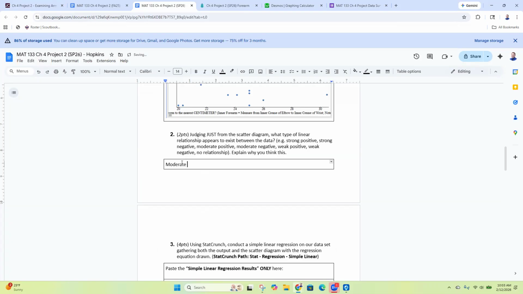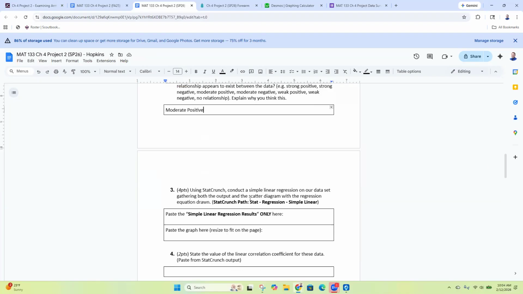Taller people have longer arms, so shorter people have shorter arms. So I definitely think it's positive. I definitely don't think that short people have monkey arms and tall people have T-Rex arms, like it was suggesting earlier. So we'll go with moderate positive. We'll see what we get.